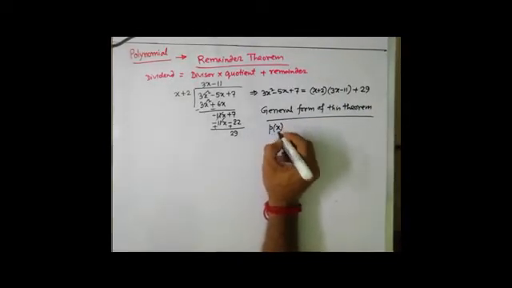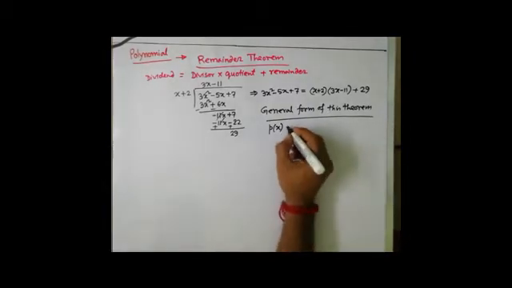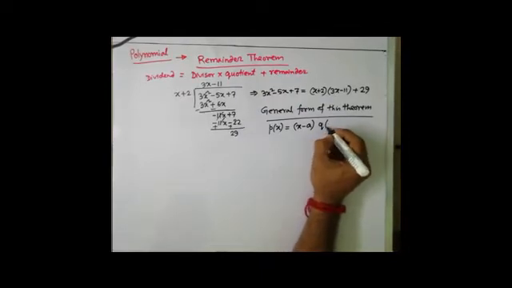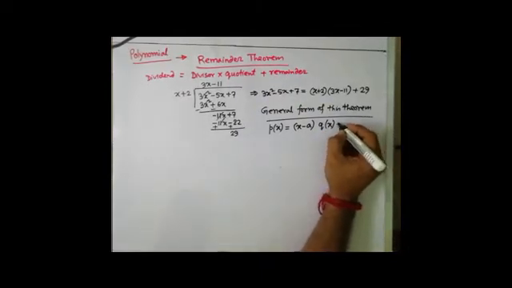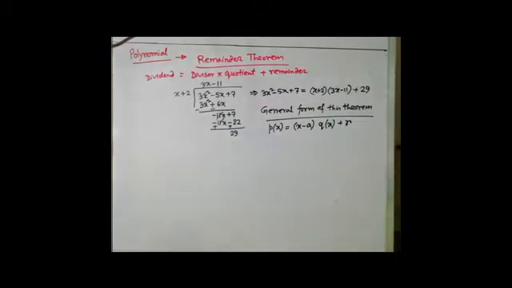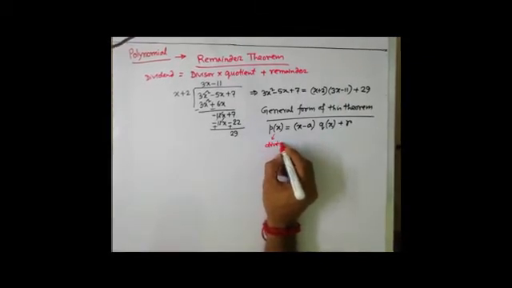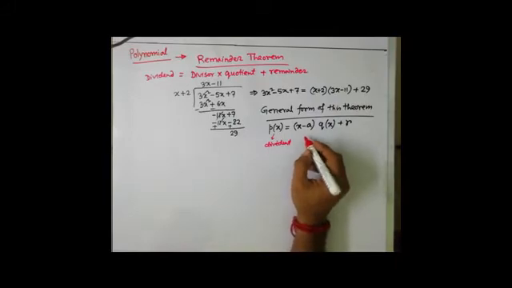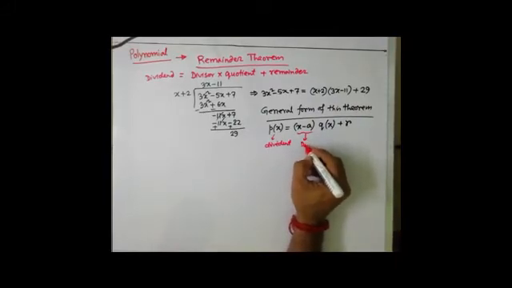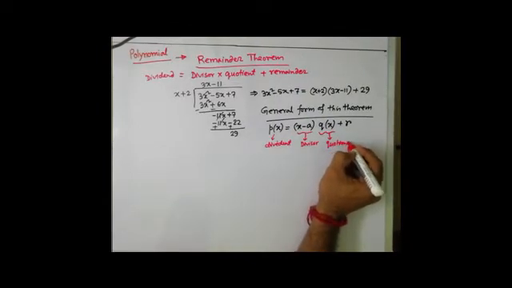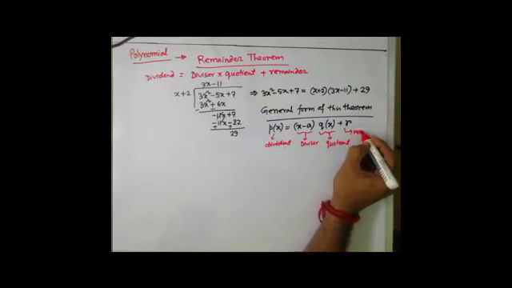Suppose p(x) is a polynomial, it can be written like this: p(x) equals x minus a times q(x) plus r. Here q(x) is also a polynomial. We can say that p(x) is nothing but the dividend, x minus a is the divisor, q(x) is the quotient, and r is the remainder.